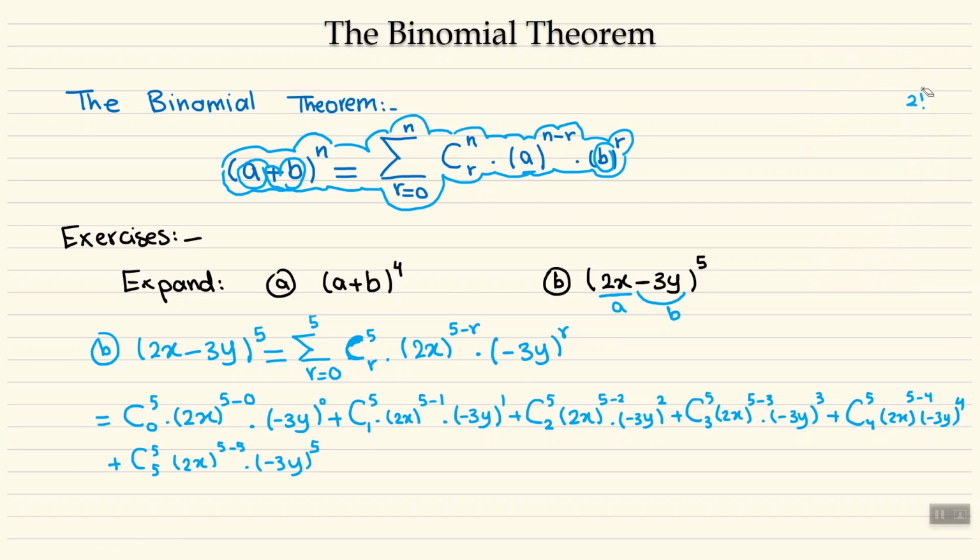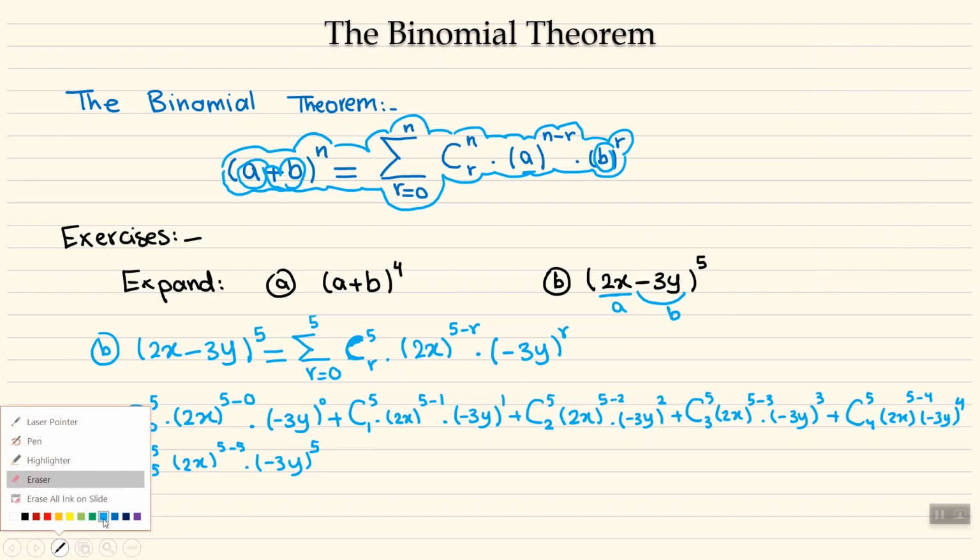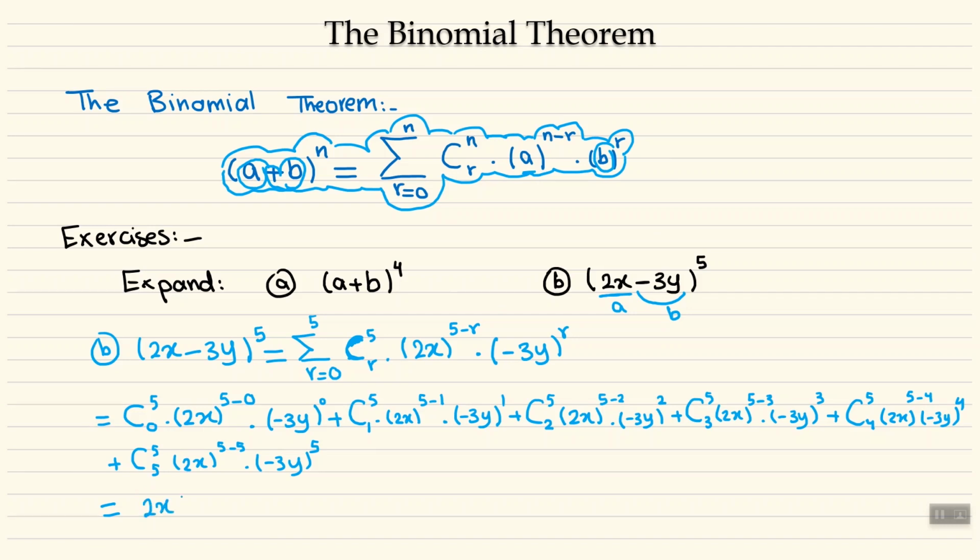For the first term here, combination 5, 0 is 1, so we write 1. 2x to the power of 5 minus 0, so it's going to be 2x to the power of 5. Negative 3y to the power of 0. Anything to the power of 0 is equal to 1.